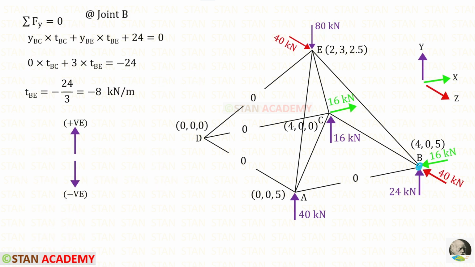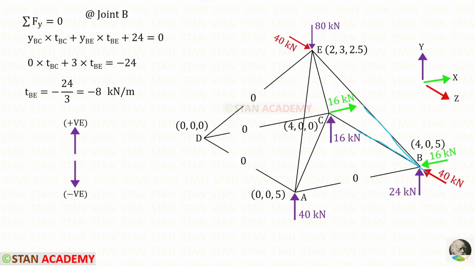Now let us take the joint B. And first let us apply this rule. In the joint B, no need to consider the member AB because it is a zero force member. We have to only take the member BC and the member BE. Also, we have to check if there is any load or reaction in the y direction.